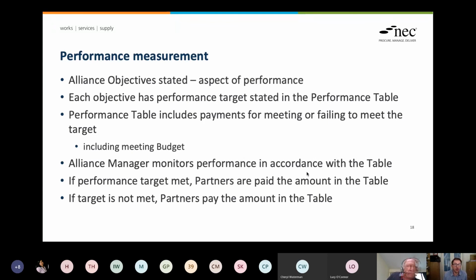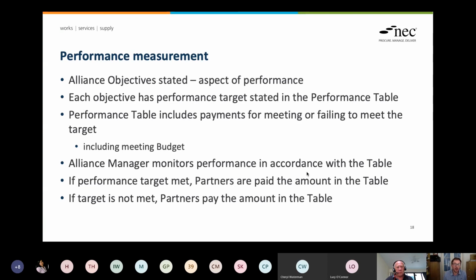Performance measurement. So, of course, we've done this really, haven't we? But I think we've kind of covered this to some extent. Obviously, this is related to the performance table. In some respects it's a set of KPIs against which you are measuring performance, whether it be the difference between the budget and the alliance cost, or any other kind of performance that you've defined in the table.